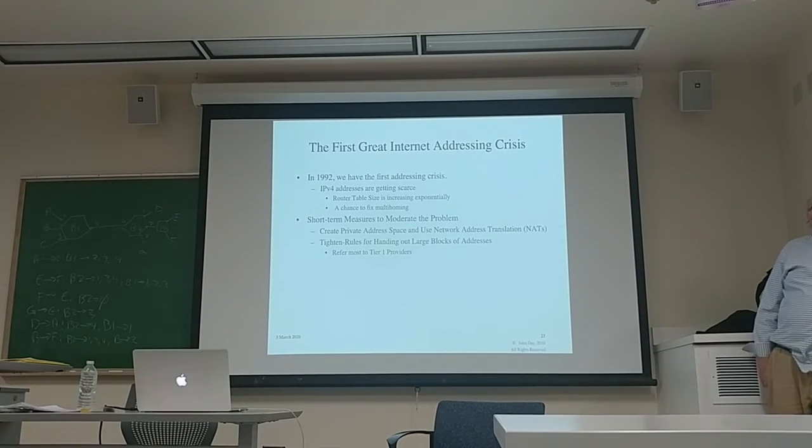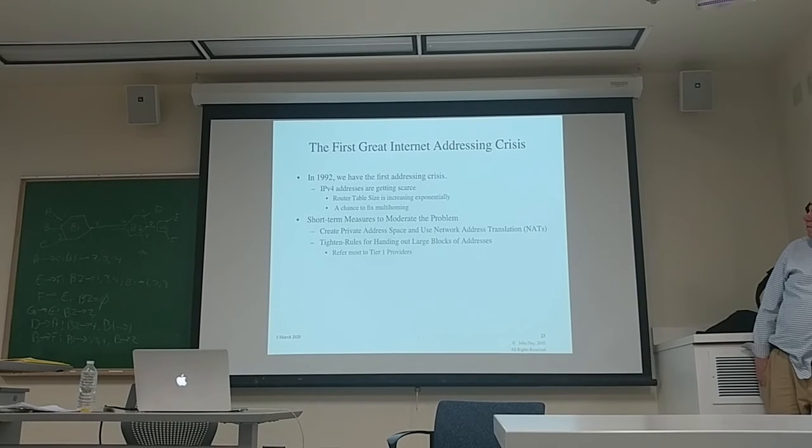We were pretty loose on handing out blocks of addresses, as I said last time. BBN, who never had more than 5,000 employees, had 6 Class A addresses for 32 million computers each. They didn't need those.